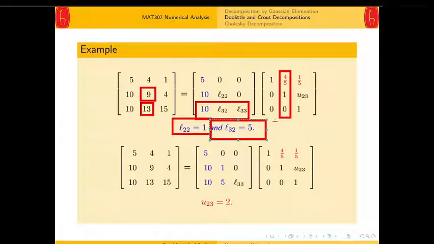So this is what we obtain for L32 and L22, and we substitute their values here.